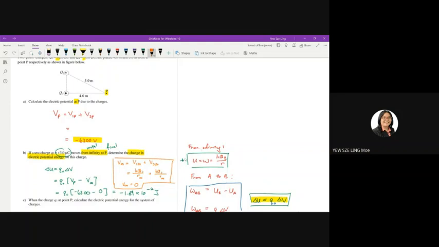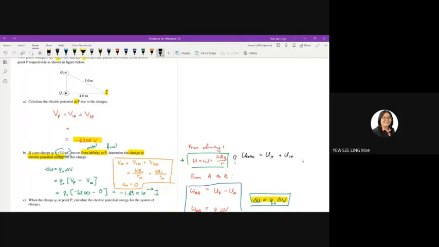If you want to use the first equation, can or cannot? Yes, you can, but then you need to calculate the total energy from infinity. So your U total will be equal to U1P plus U2P.